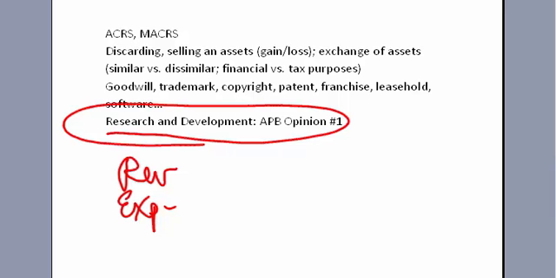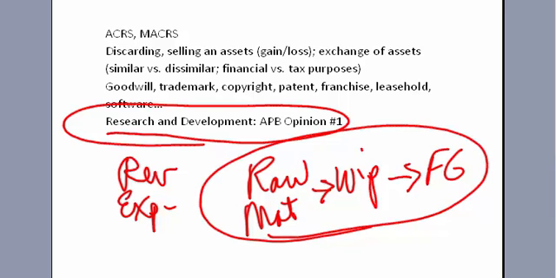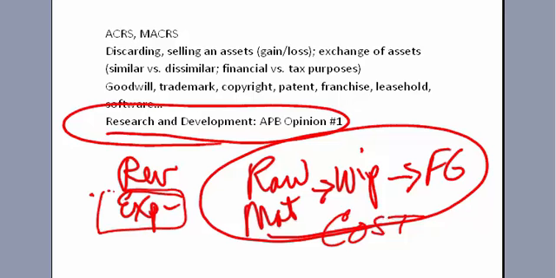So when you go out and buy raw materials and then you move them into work in process, into a factory, and then to the finished goods warehouse, at all this point in time, the fact that you've spent money on those items, they are not expenses, they're just costs. They're inventoriable costs. And it doesn't become an expense until you sell that item, and then that expense becomes cost of goods sold.